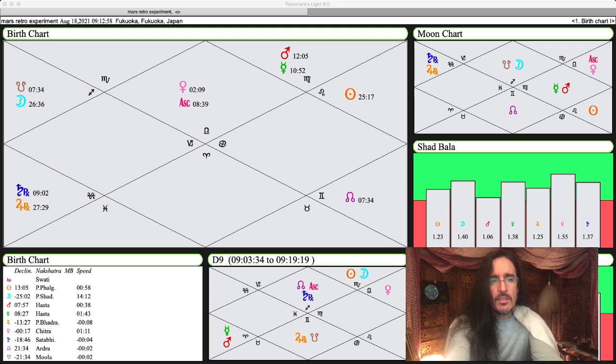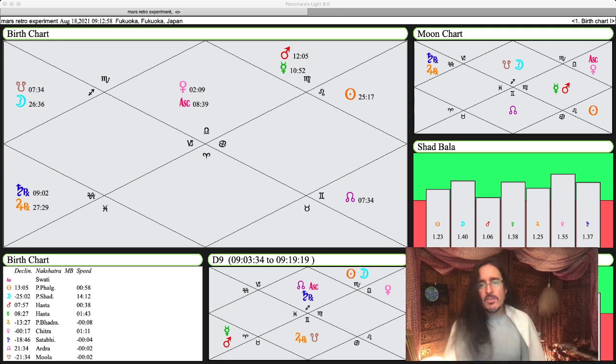And the declination, in case we want to know it, is 7 degrees. No, that's so stupid. That was the declination. 7 degrees, 57 minutes. It's at 12 degrees, 5 minutes Virgo, at 7 degrees, 57 minutes north.